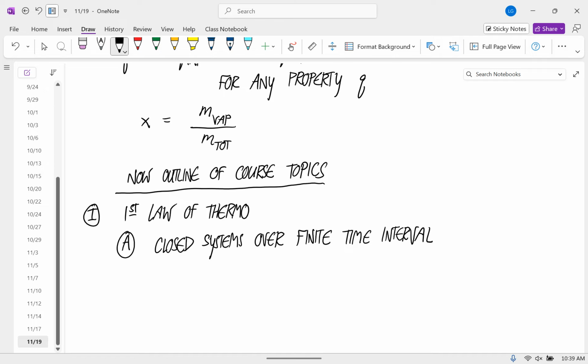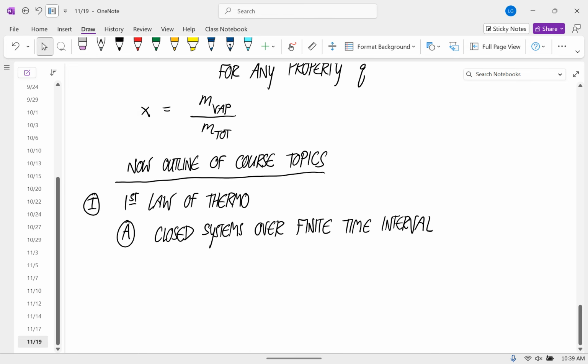So what does a closed system mean? Yeah, that's right. You're looking at the same material the whole time. You have a blob of material and you're tracking all that same material over the whole time interval.